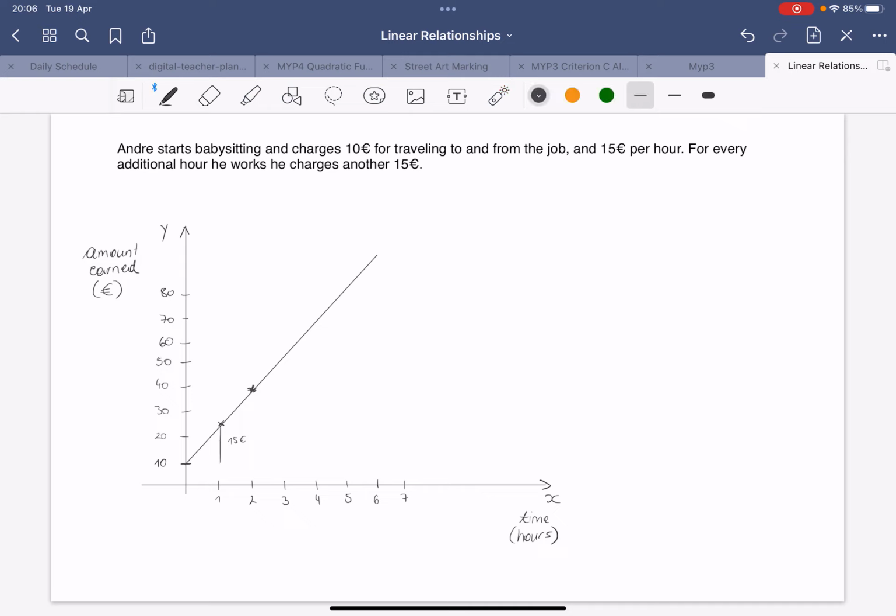So let's write that down. Rate of change is equal to vertical change over horizontal change.